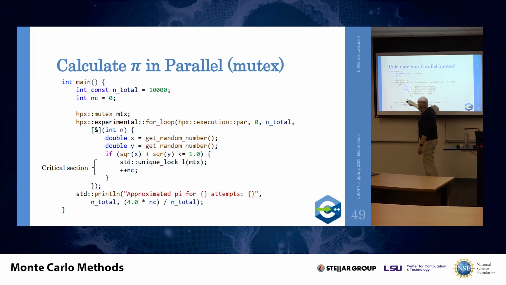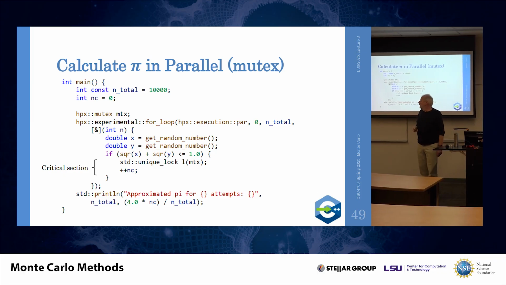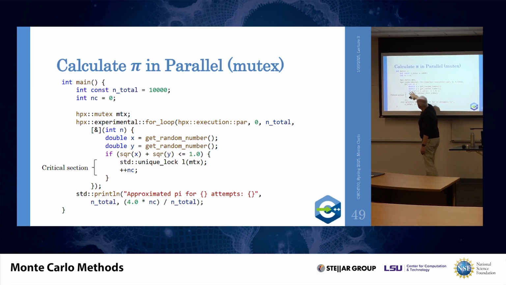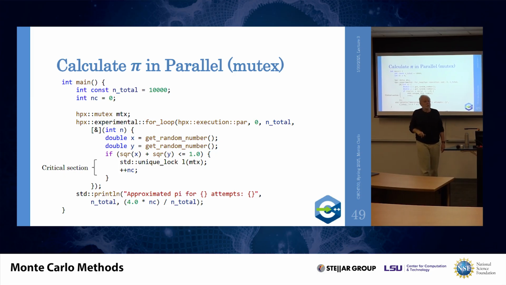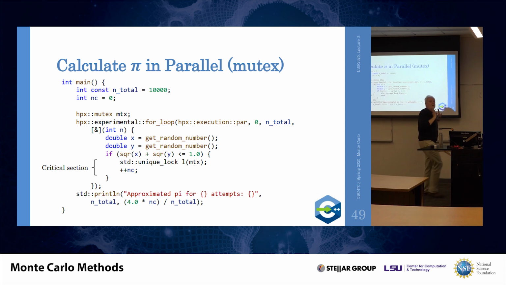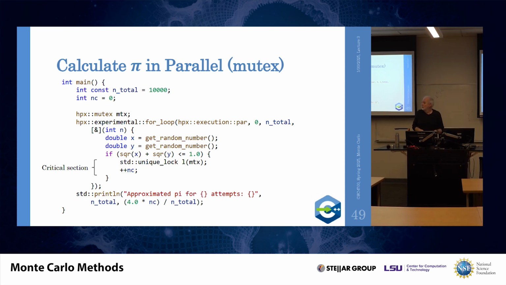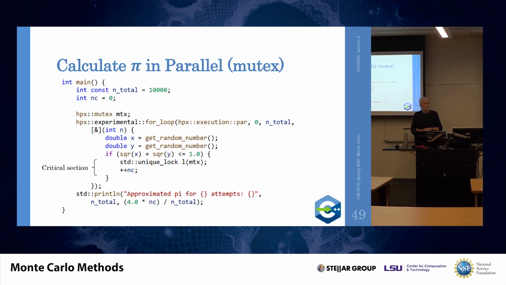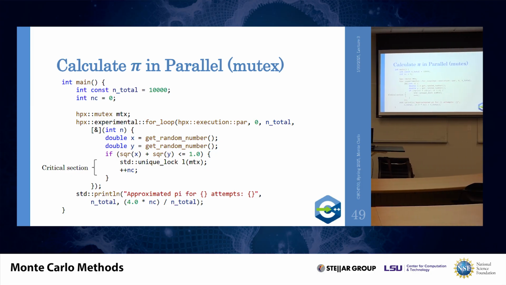And only when that thread has exited its block, the next thread can go there. So there will always be exactly one thread that accesses NC. So this is our critical section, right? This piece of code, this block, from the constructor of the lock to the point when it goes out of scope, that is safe land. Nothing can happen there.